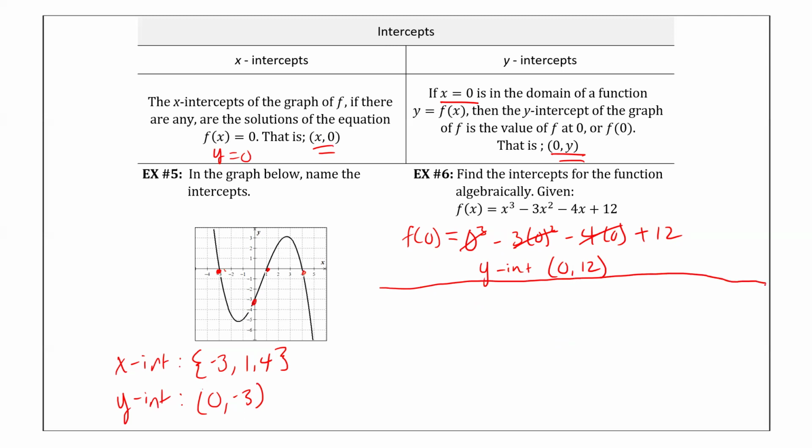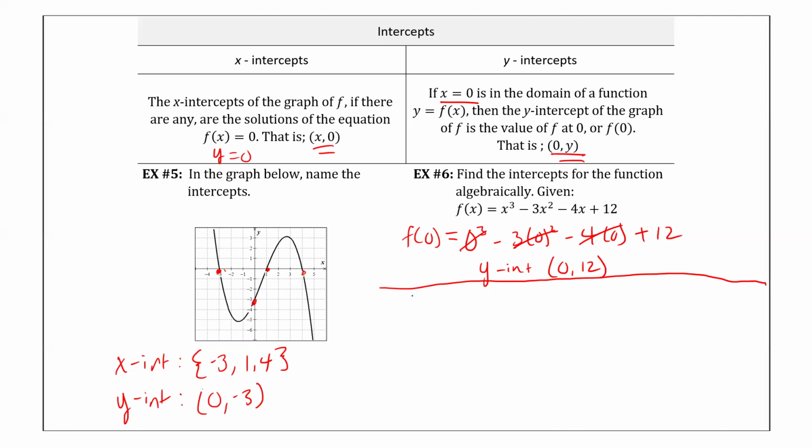All right. We're good with y, right? All right. X is where it gets a little tricky. And that's because x is saying that you're letting your entire equation equal 0. Does that make sense? So it's saying if I let this equation equal 0, what is my answer?